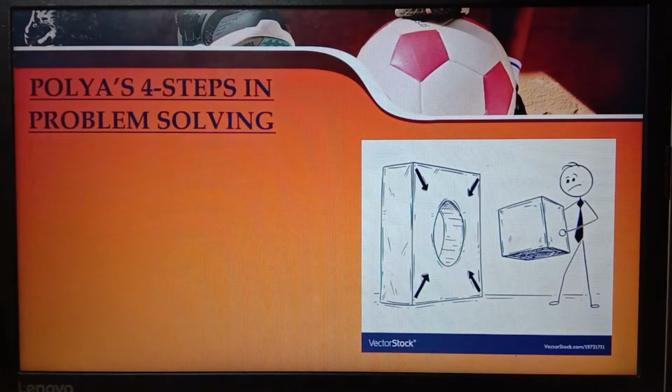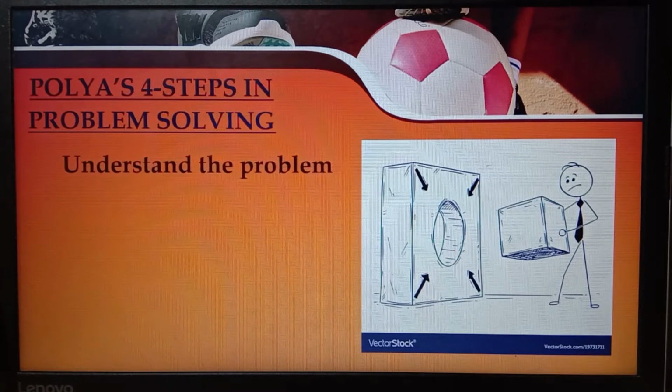Now, in terms of problem solving, if you are familiar with George Polya, he proposed four steps for worded problems. The first step is to understand the problem. You have to read and reread the problem until you understand everything it is saying. After understanding the problem, you devise a plan.